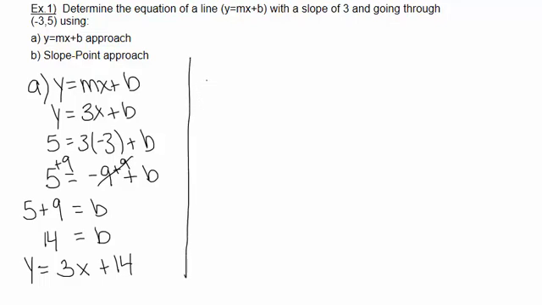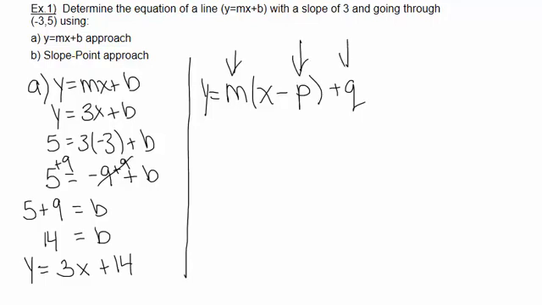So our slope point formula is y is equal to m bracket x minus p plus q, where m is our slope and p and q are the coordinates of a point that the line passes through. So again, we can sub in 3 for our slope, and then we can sub in -3 for p and 5 for q.